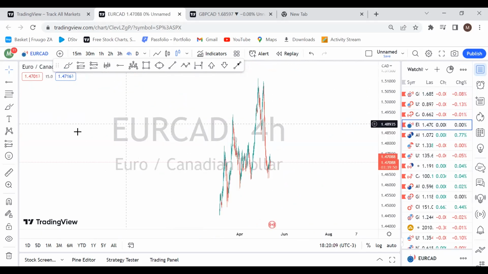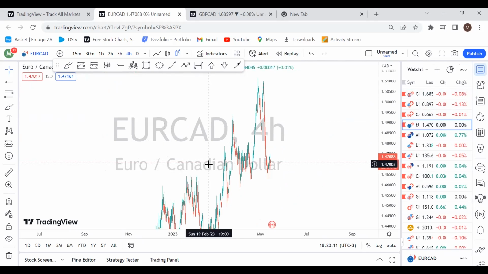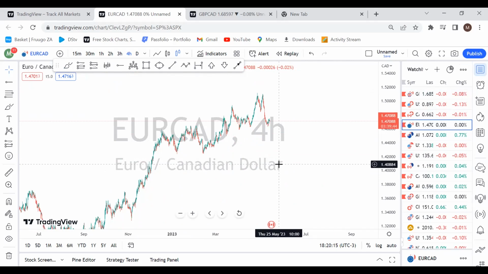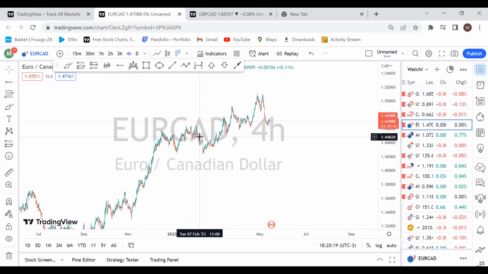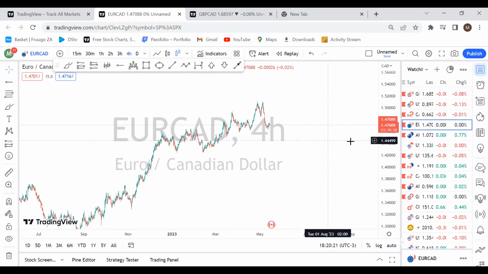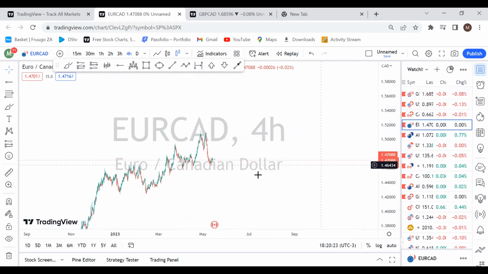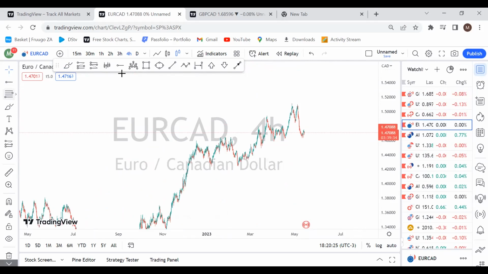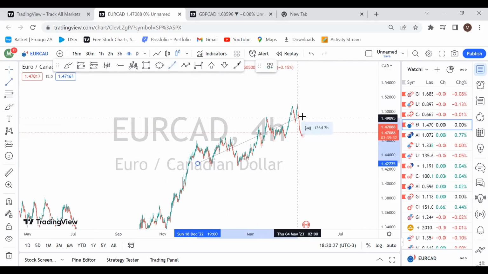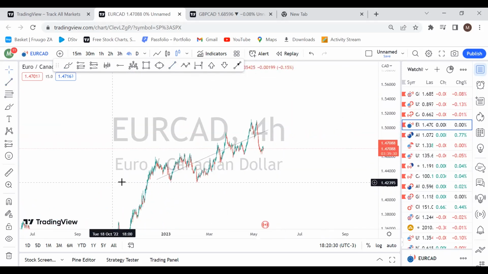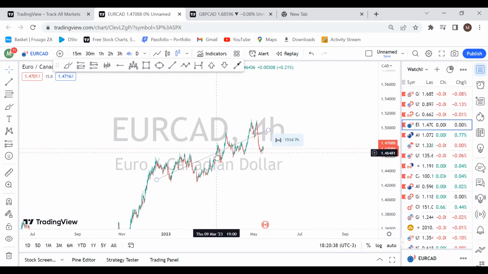Moving on to euro against the Canadian dollar. Once again, 4 hour time frame is fine. So here we have the price going up. It's bullish. It's an ascending structure, but this doesn't mean it's gonna go up forever.